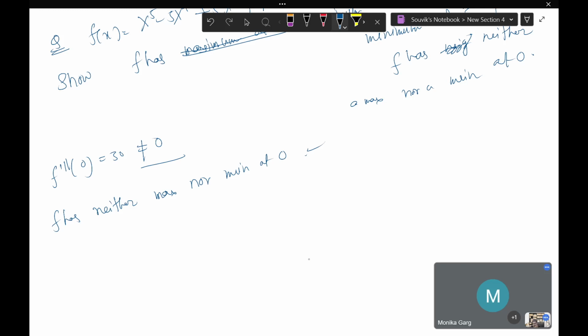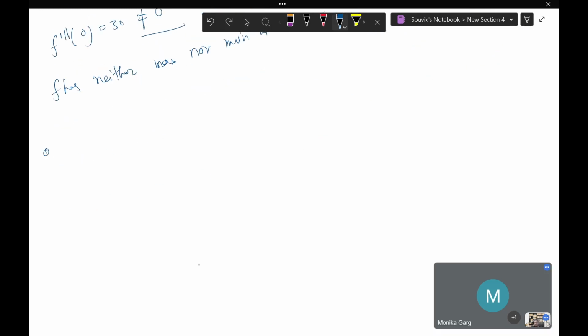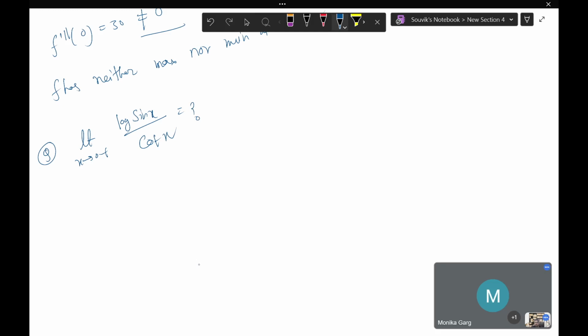So evaluate the following limit: as x approaches 0 from the right, log of sin x upon cot x.